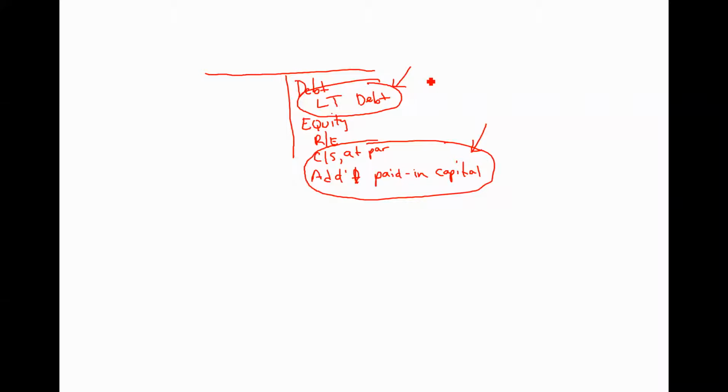So even though I could easily look at their balance sheet and calculate book weights, I would just sum the value of all of these, and then divide long-term debt by the total to get the weight of debt, and the total of equity by the total to get the weight of equity.